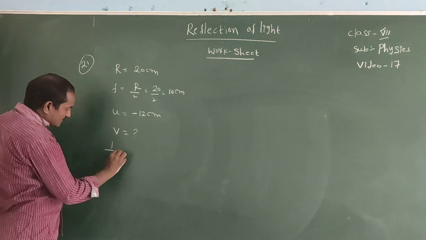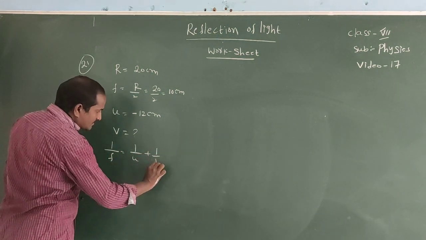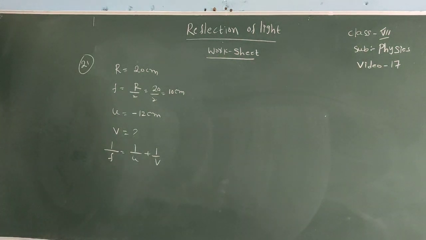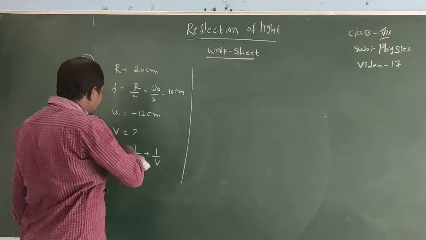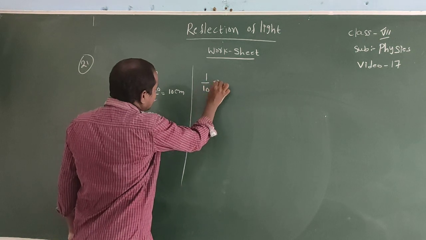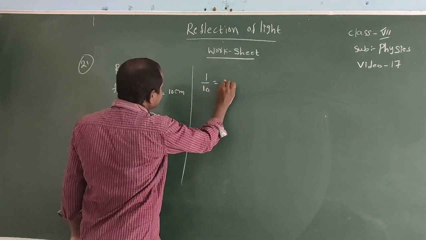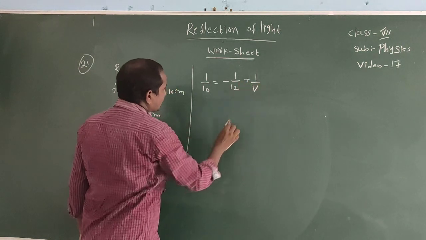We know that 1 by f equal to 1 by u plus 1 by v. Now substitute these values. 1 by f means 1 by 10. So 1 by 10 equal to minus 1 by 12 plus 1 by v.